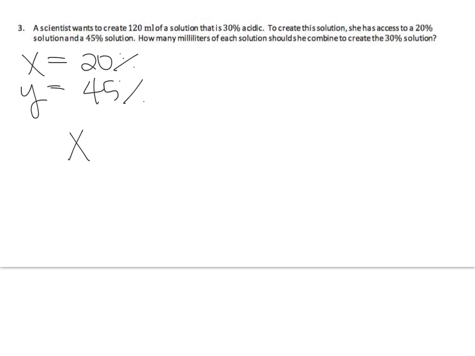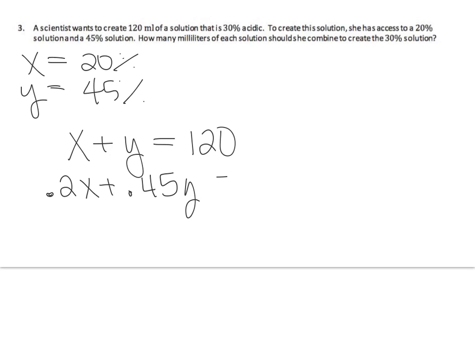We're trying to get so much of one solution plus so much of the other to make a total volume of 120 milliliters, but we need to figure out how much of each. So we have to account for the strength of the solutions and the strength of our final solution. And that's how we get it. Okay? So let's go ahead and solve this system of equations.